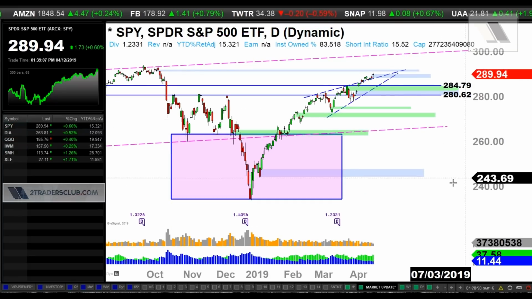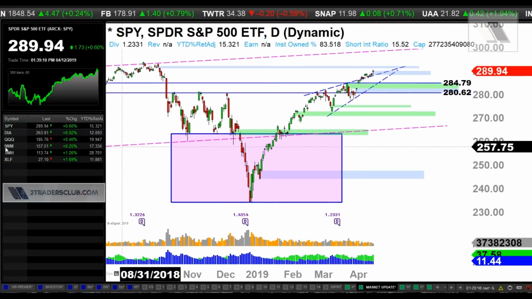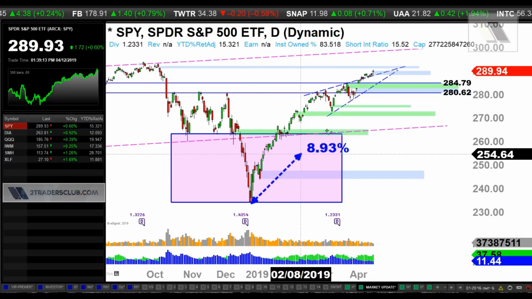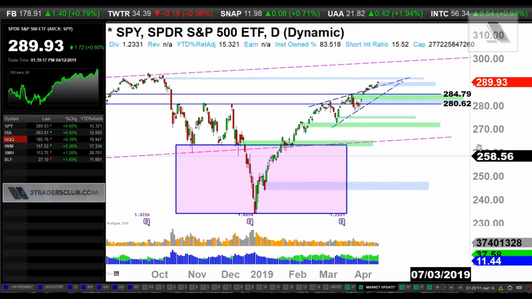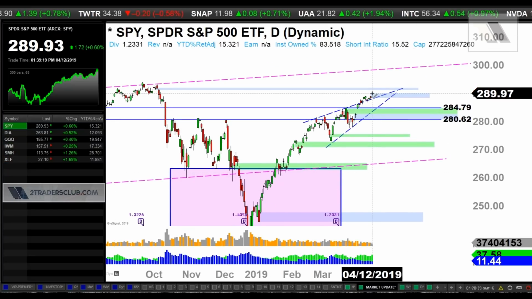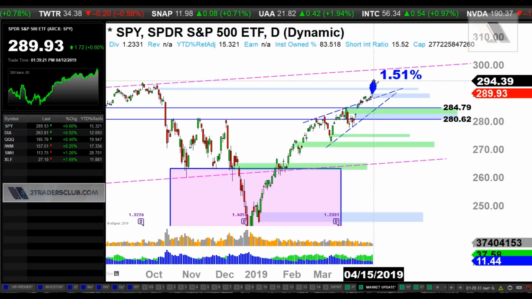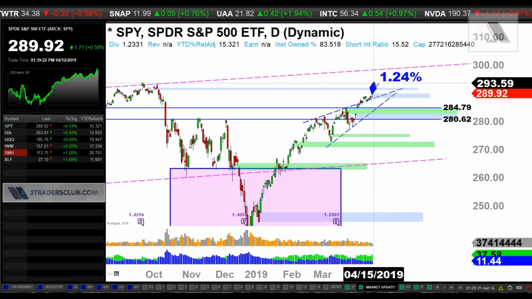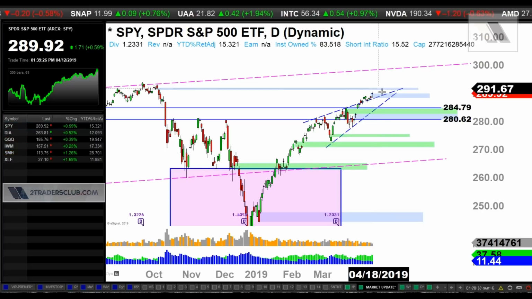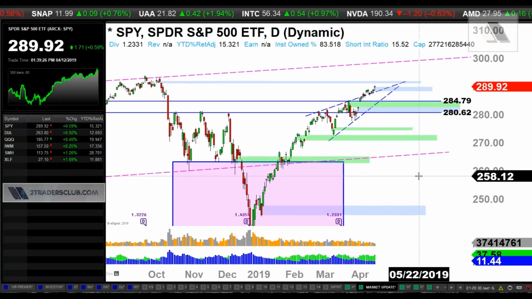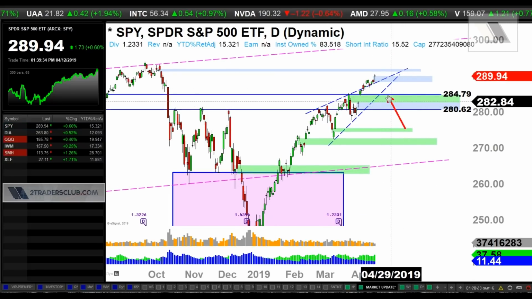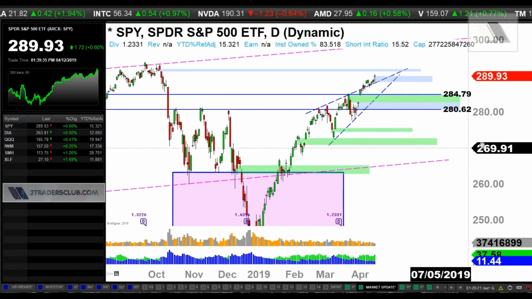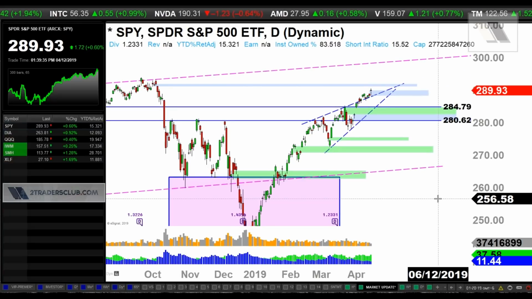The S&P is currently up 24% since the December lows, and it's only about 1.2% away from the all-time high. I think it's going to continue to grind higher. I think that gap is going to provide support should the price decline next week.